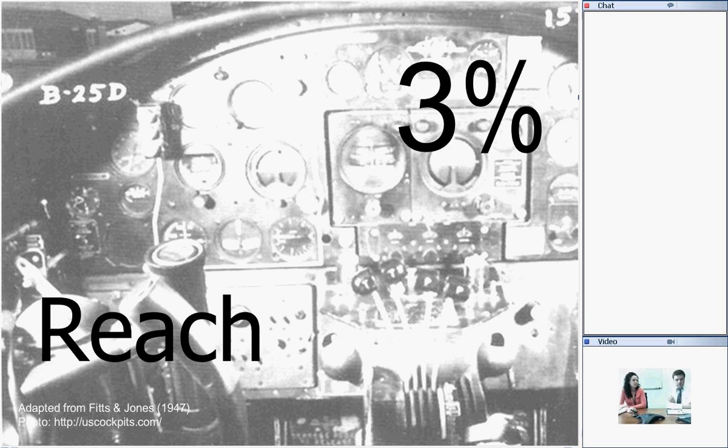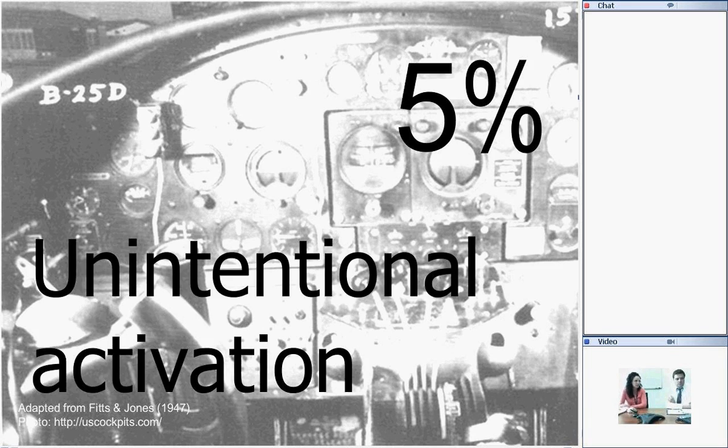So the categories that Fitz and Jones came up with are ones that I think are rather analogous to healthcare as well. But they identified a variety of categories of the errors that they accounted for during these pilot error experiences. And the first one was reach, where pilots couldn't actually reach the controls in the cockpit.